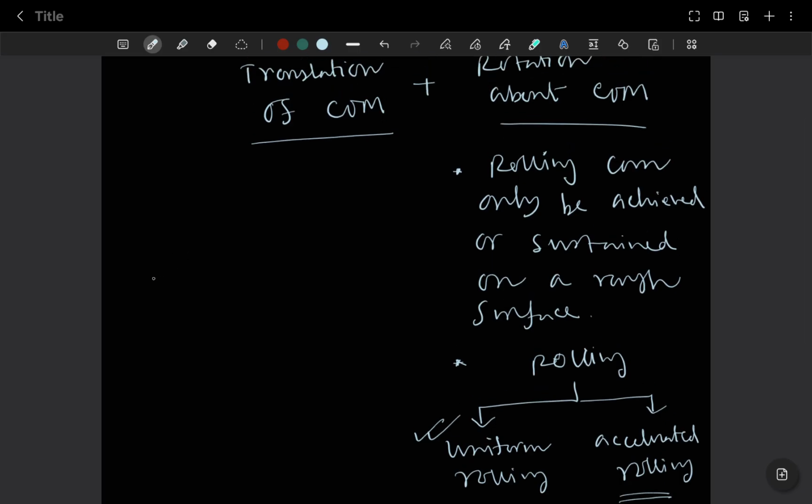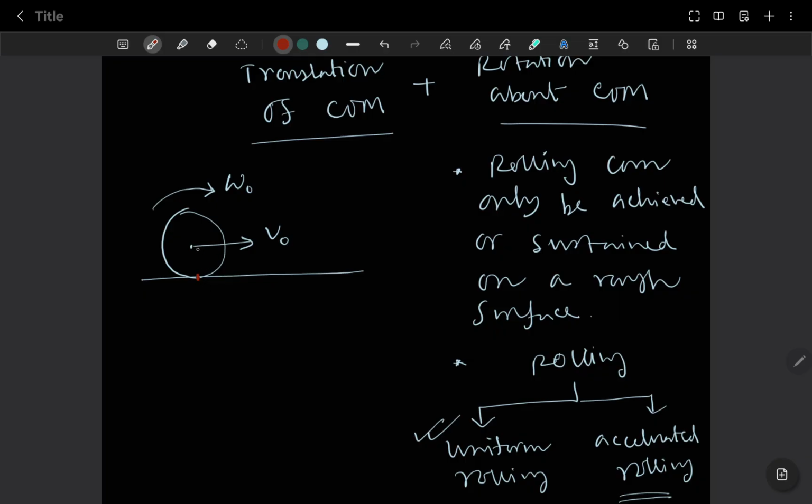Suppose a rigid body is there, and the translational velocity of its center of mass is v0 initially. The angular velocity about the center of mass is omega 0 initially. Now think about the bottommost point, the point in contact with the surface.